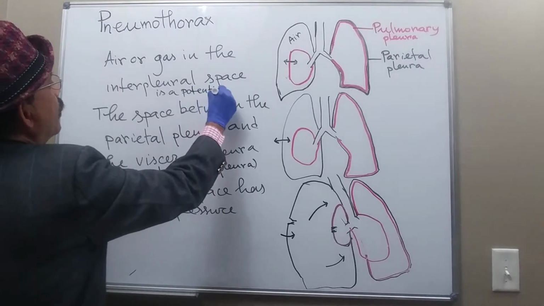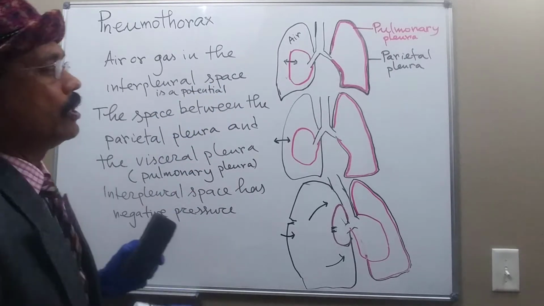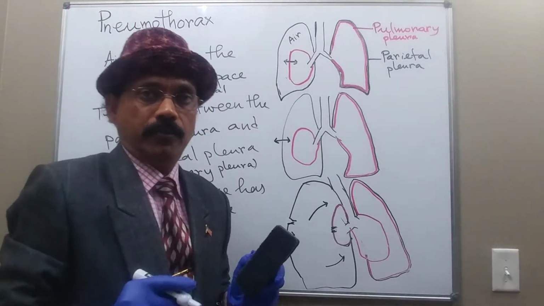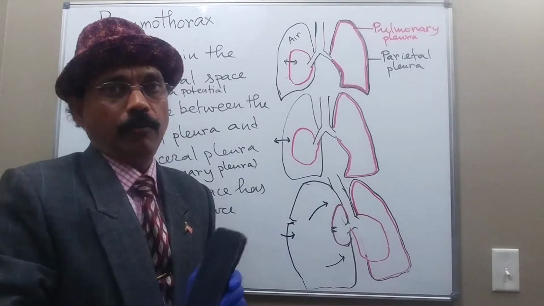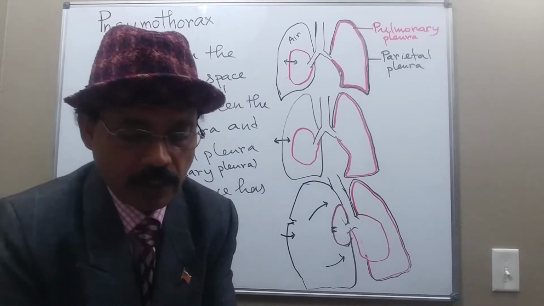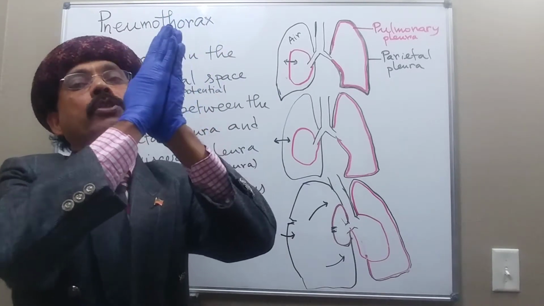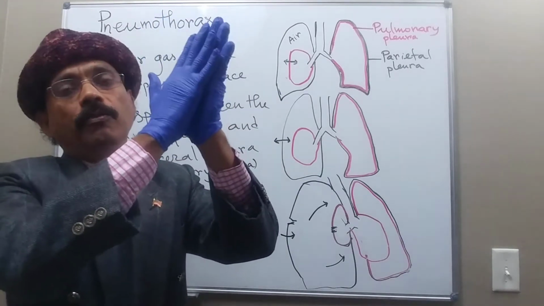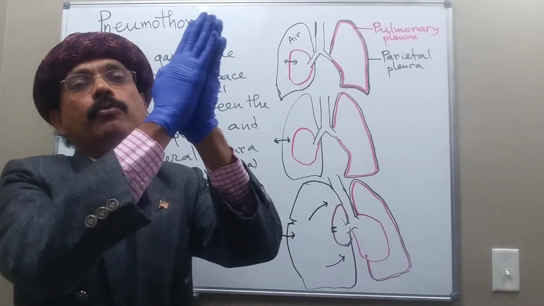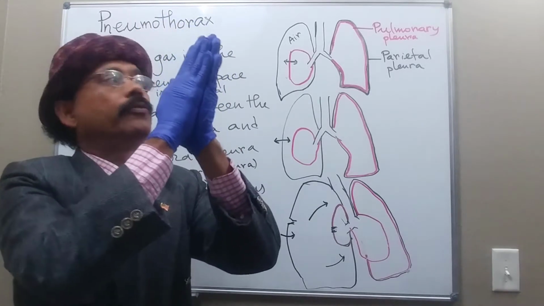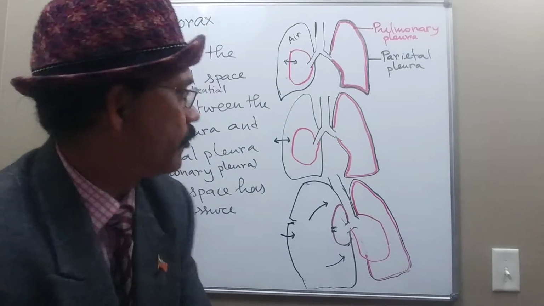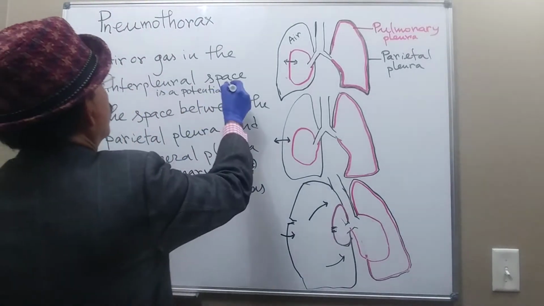So in a healthy person, there is no interpleural space. It doesn't exist. Actually, the parietal pleura and visceral pleura are in contact. We have only a few ml of fluid in between the two layers. So it is a potential space.